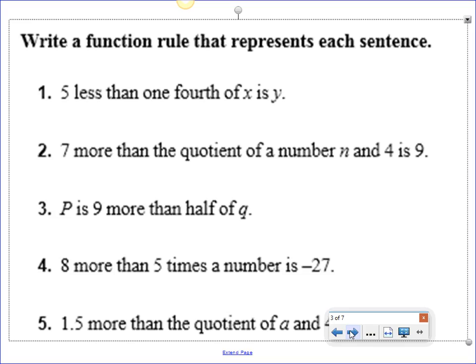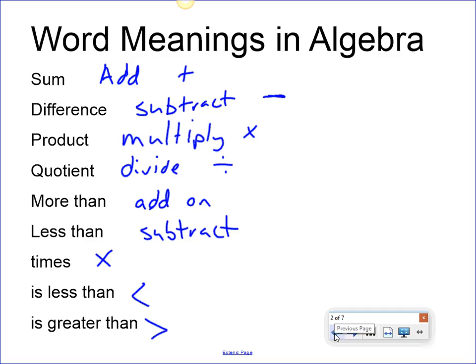Okay, so we're going to be translating phrases or sentences now today. So we're going to read them and then we're going to translate them into algebraic sentences or function rules. So 5 less than 1/4 of x is y. I'm going to flip back one page. I want you to add the word is.